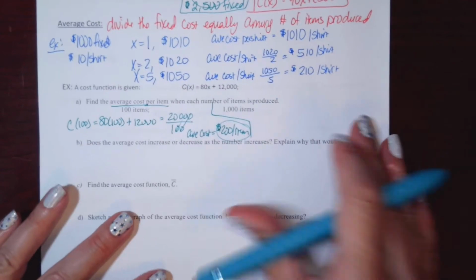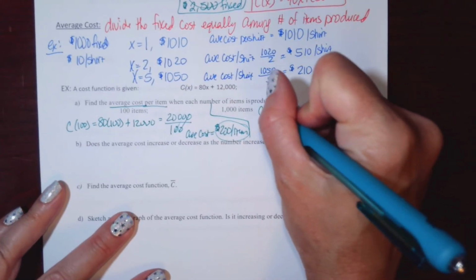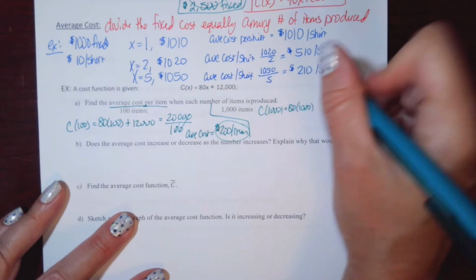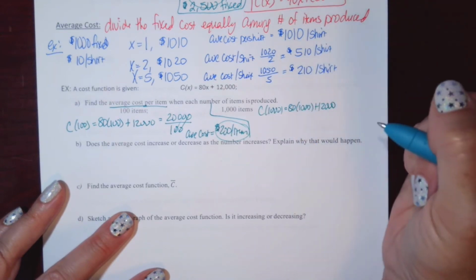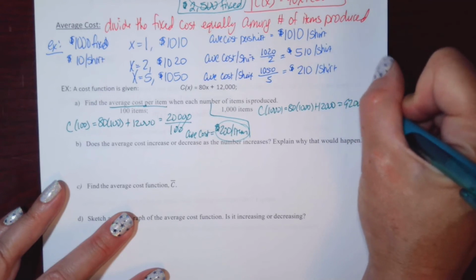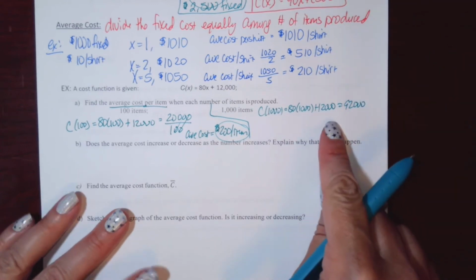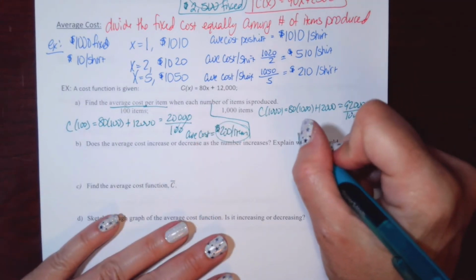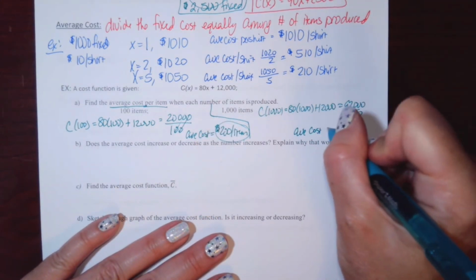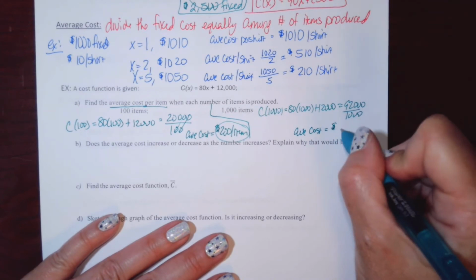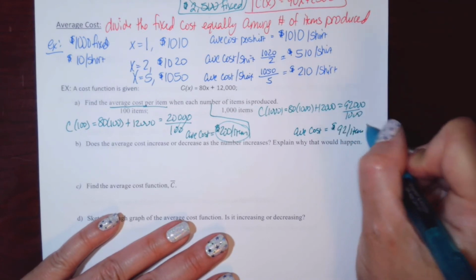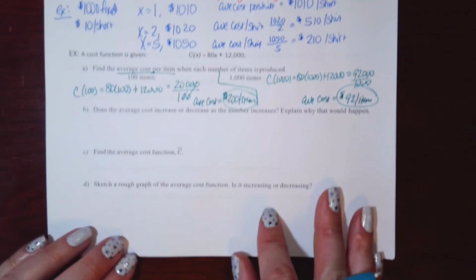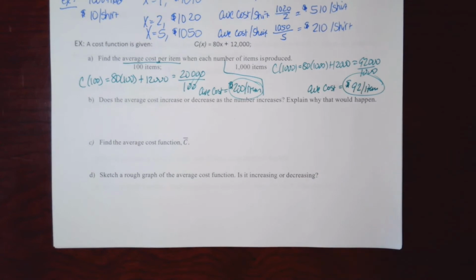What if I make 1,000? Well, the cost for 1,000, now I'm doing that 80 times 1,000, still adding the 12,000 in, I get to $92,000. But when I go to find the average, this time I'm dividing out by 1,000, so the average cost per item comes out to be just $92 per item, because when I produce more, that fixed cost is divided out over more of the items.